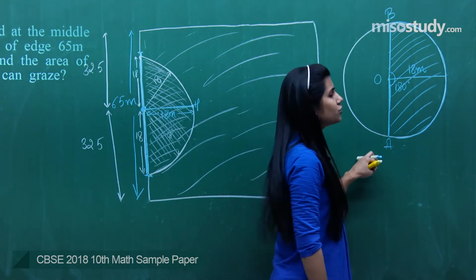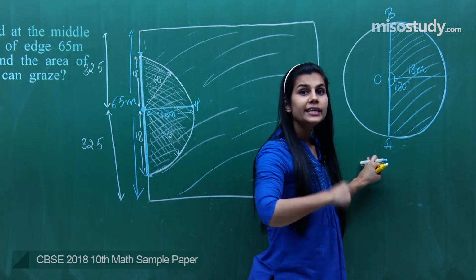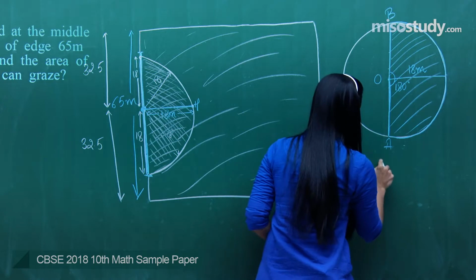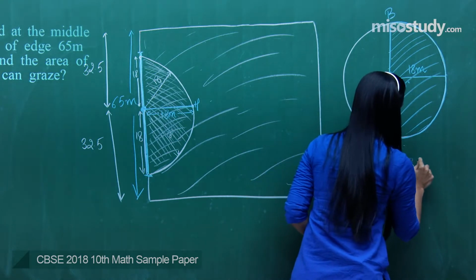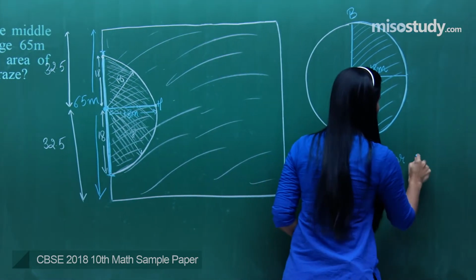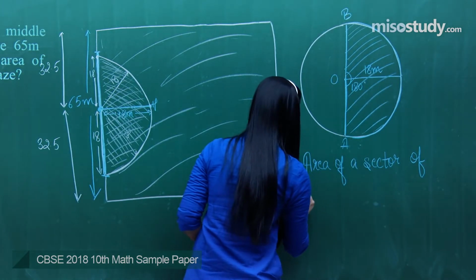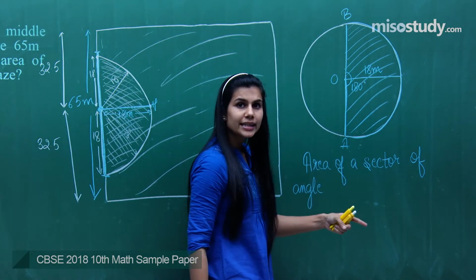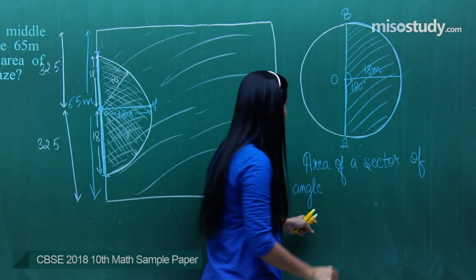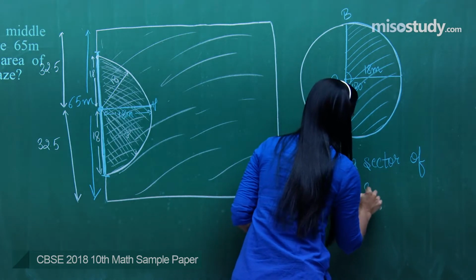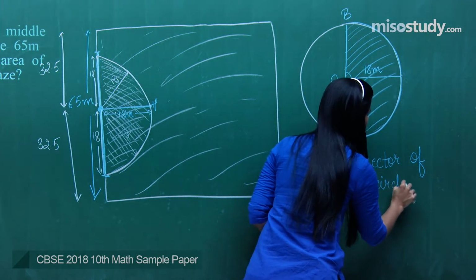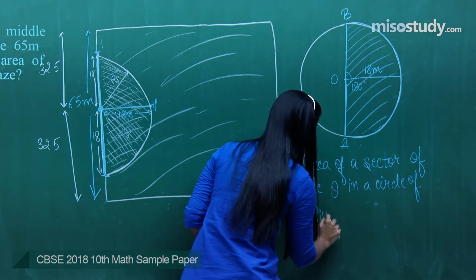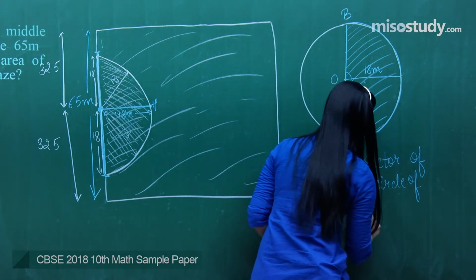So, now I am going to use the formula of area of a sector. I know that area of a sector of angle theta. Now, every sector has an angle and has an arc which is subtending that angle. So, area of a sector of angle theta in a circle of radius r is what?